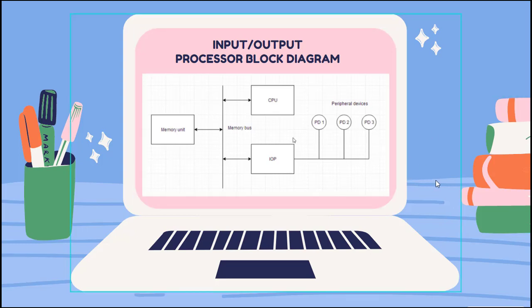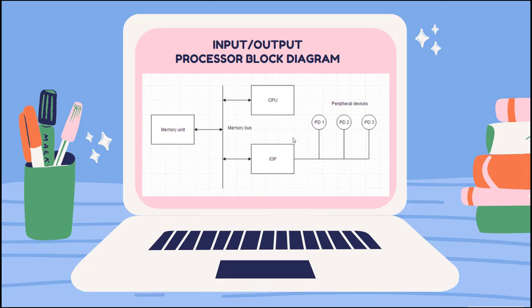Here, the CPU can act as master and the IOP as a slave processor. The CPU assigns the task of initiating operations, but it is the IOP that executes the instructions and not the CPU.